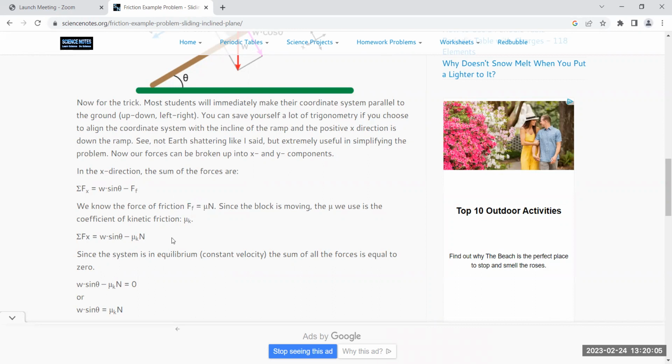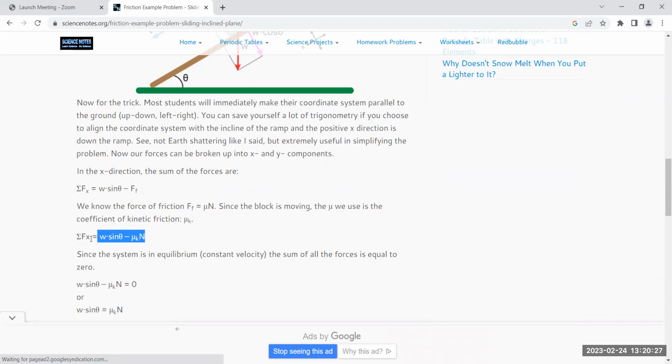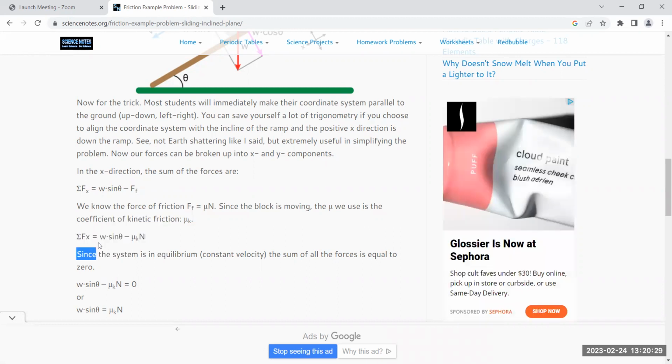So we can say that the sum of the forces in the x direction, all we've done is take this equation, F sub x equals W sine theta minus the force due to friction, and we've substituted mu N for the force due to friction. We get that the sum of the x forces is W sine theta minus mu N.